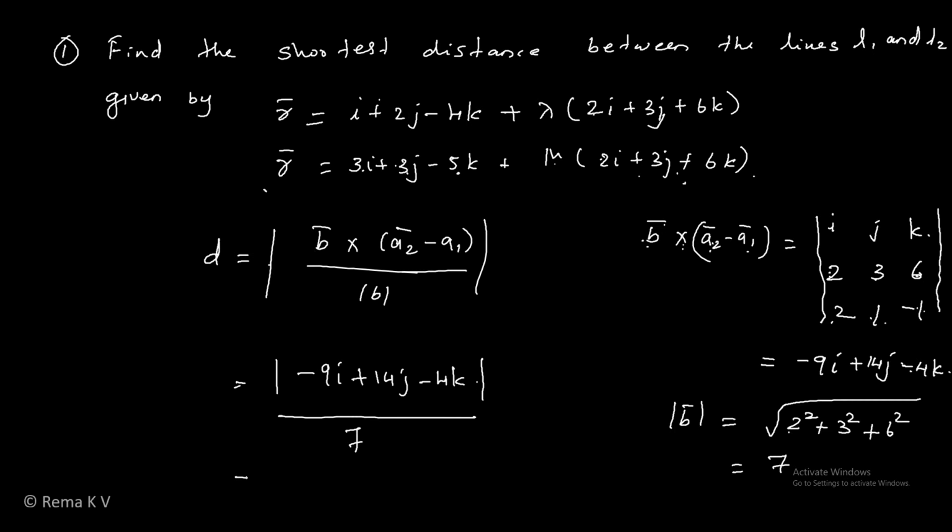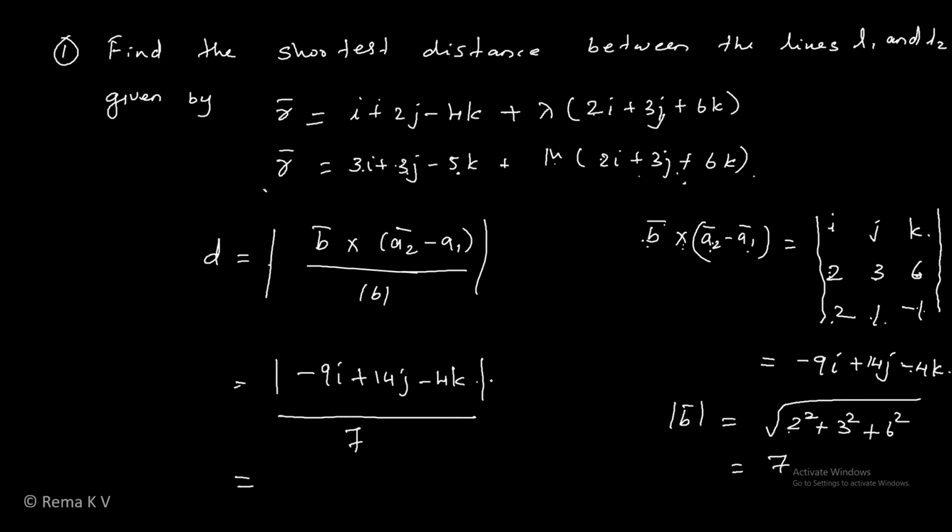What about the modulus of this vector? You can find it: root of 9 square plus 14 square plus 4 square. 9 square is 81, 14 square is 196, plus 16.